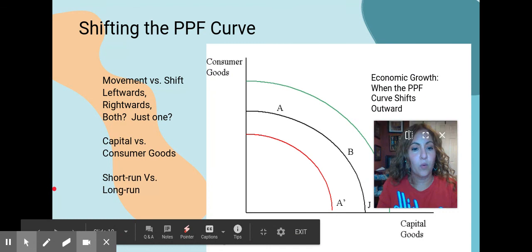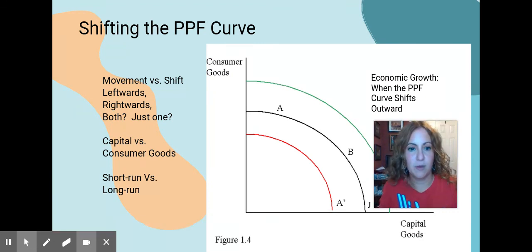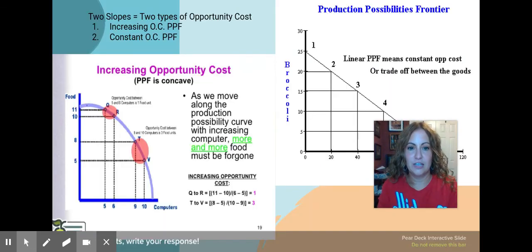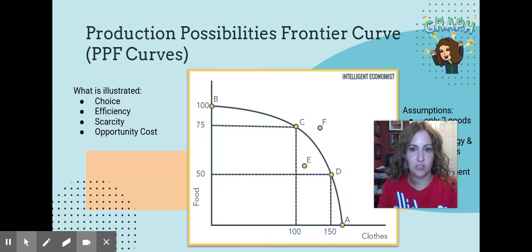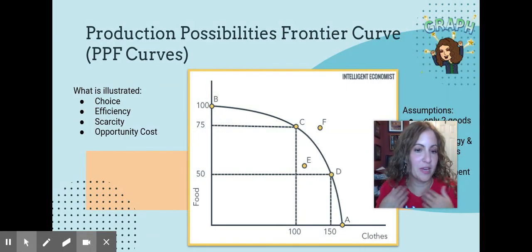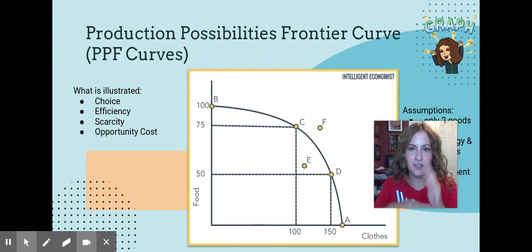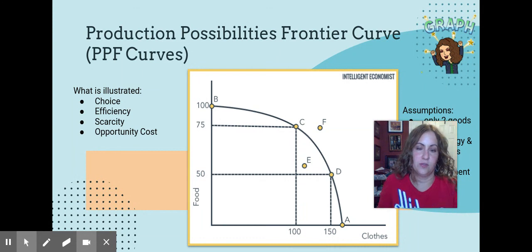Okay, we're going to work on shifting the PPF curve tomorrow, but I just wanted to leave you off with just a review of what we just talked about. Our PPF curve is showing what we can produce with the resources that we have. We've got two goods. We can be anywhere on that frontier with our resources. We can be inside our curve, but that's not very efficient. We definitely can't be outside the curve because of scarcity. We don't have enough resources.